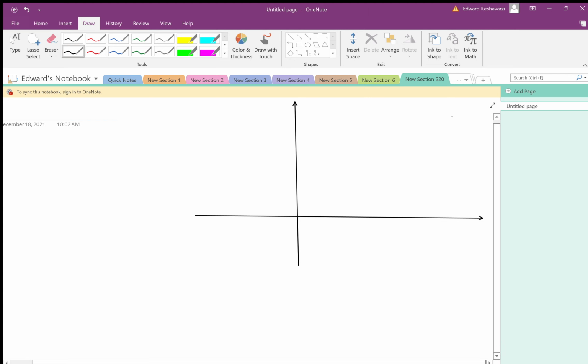So suppose that this is the graph of f from a to b. We divide it into n equal subintervals, x1, x2, and the last one, which is xn.